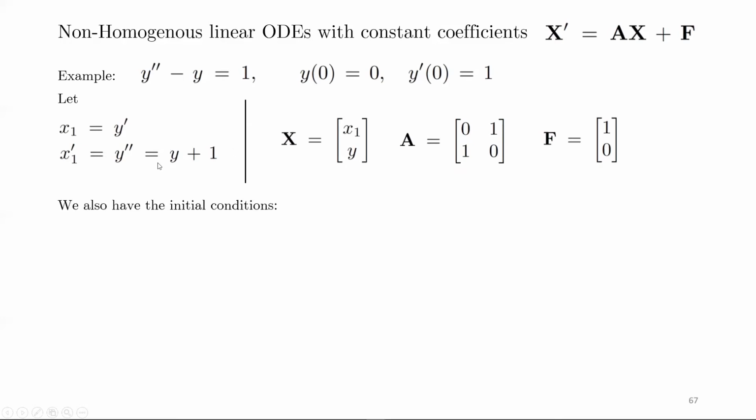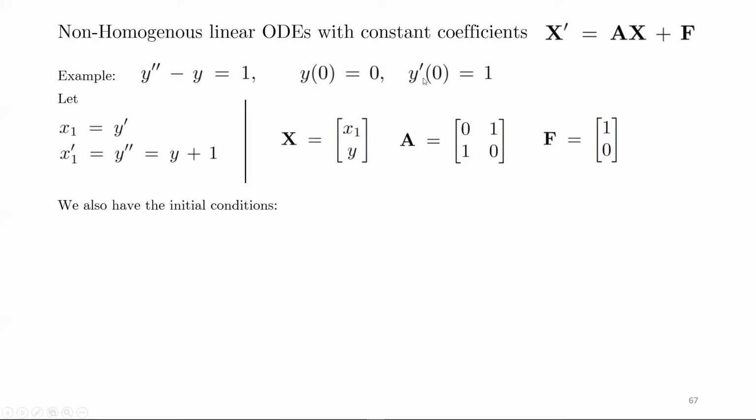But notice here we also have some initial conditions, right? We have the initial condition y0 equals 0. Well, y is one of our dependent variables, so this one can stay as it is. But this second initial condition must change, because y prime of 0, we don't have a y prime anymore. We have this new variable, x1. Remember, we've only got first order ODEs now, two first order ODEs. But that's okay, because x1 is equal to y prime.